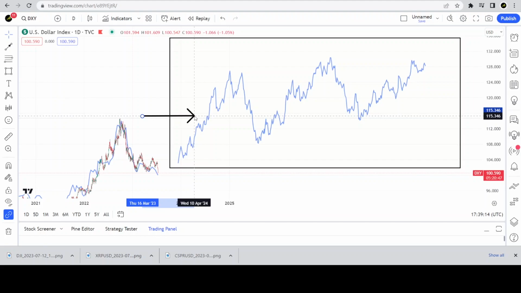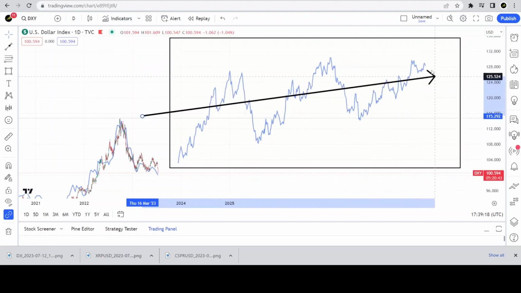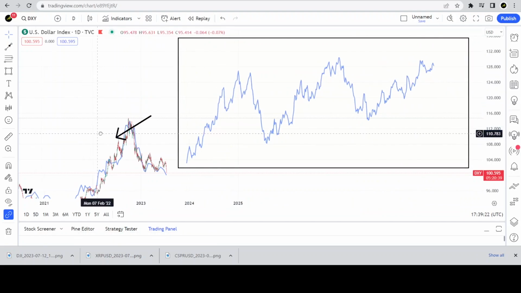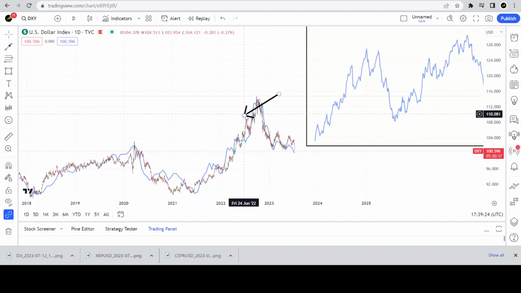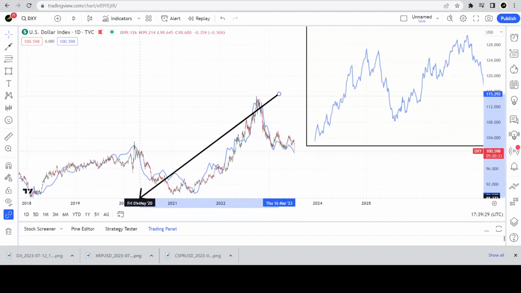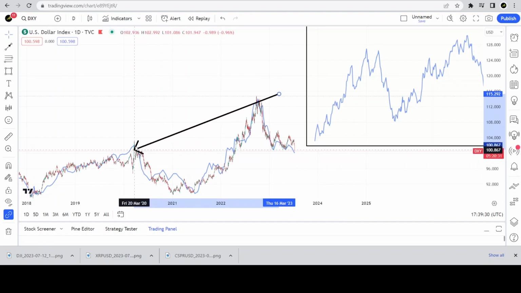Now, let's be clear here. When it comes to peaks, assuming this is all one peak, peaks can sometimes be the Wild West of fractals. So here, for instance, the fractal moves up and drops, whereas in reality, it moved up, it went kind of flat here and then dropped.